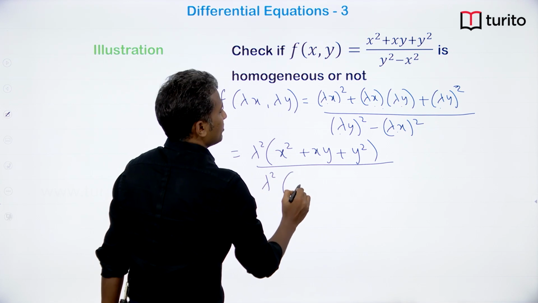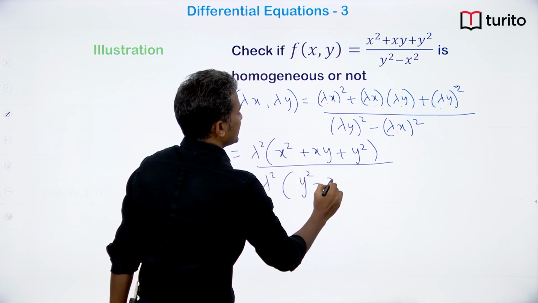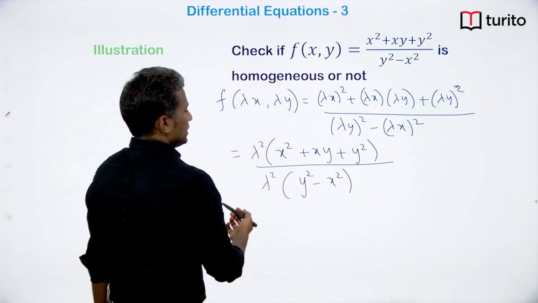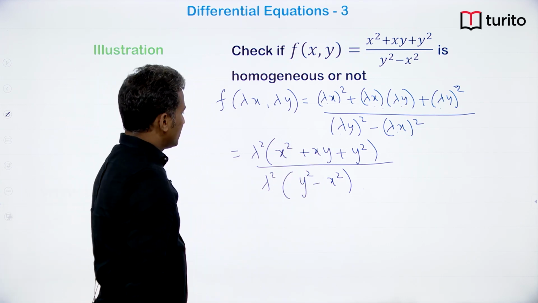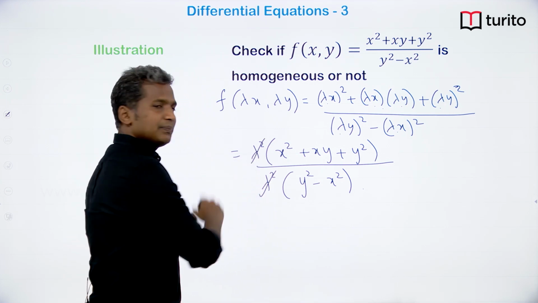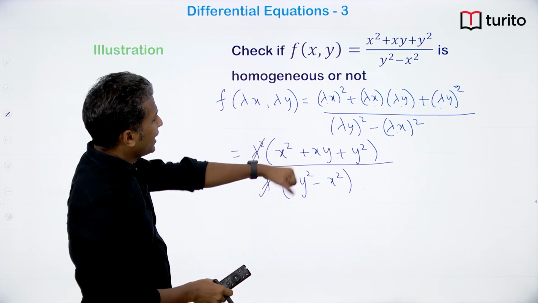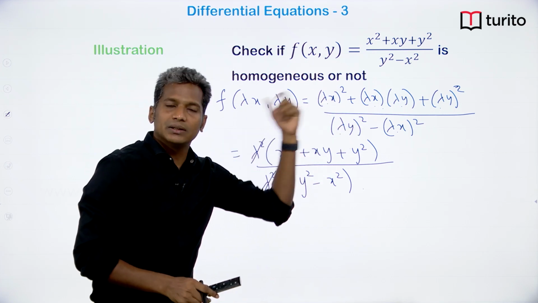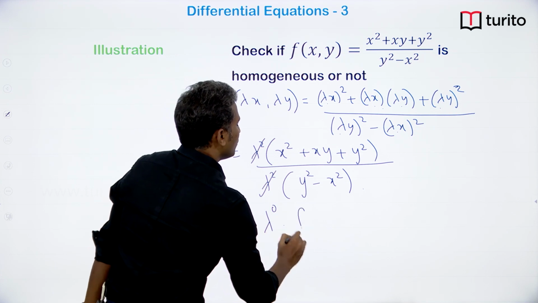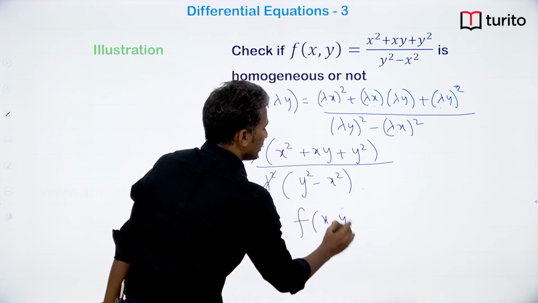So, when I take lambda square common, we get y square minus x square, right. Here if you observe, both lambda squares got cancelled luckily, and whatever remained is the original expression. So, we can write this as lambda raised to 0 into f of x comma y.